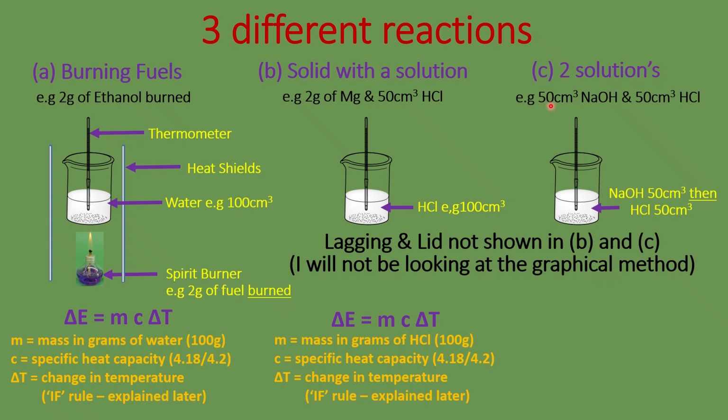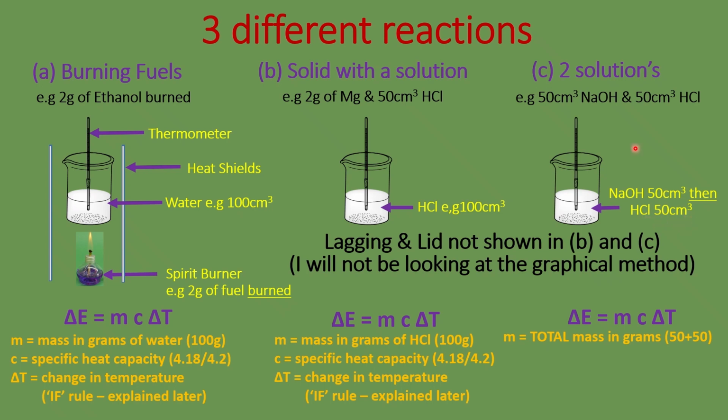In the next example, we're going to have two solutions, 50 centimeter cubed of alkali, 50 centimeter cubed of hydrochloric acid. So we're going to first add one of the chemicals, let's say sodium hydroxide, and measure the initial temperature. And then we're going to add 50 centimeter cubed for the reaction to start, and it will reach 100 centimeter cubed.